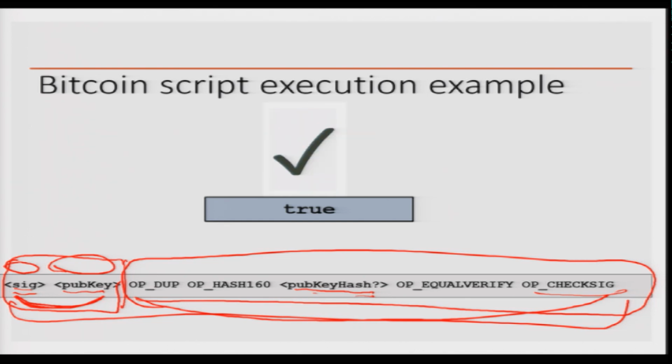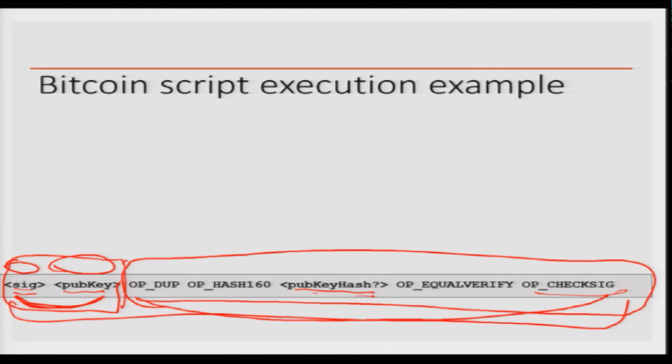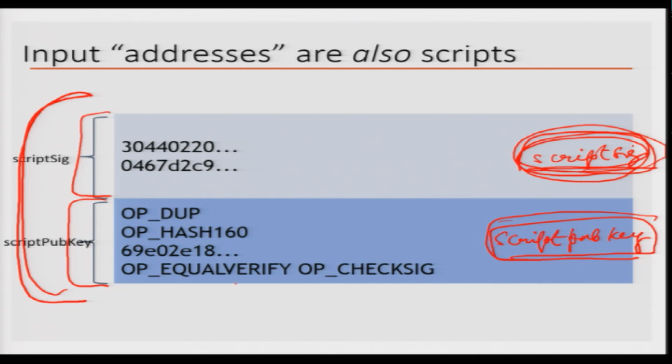Now, remember one thing I forgot to tell you: you take this part from your current transaction, and this part you take from the previous transaction. Why? Because in the input part of the current transaction I put this and signed it, and this is in the output part of the previous transaction which I am trying to use.